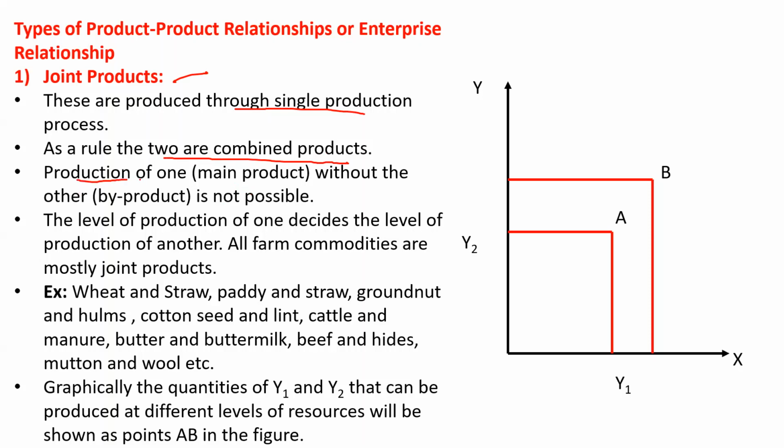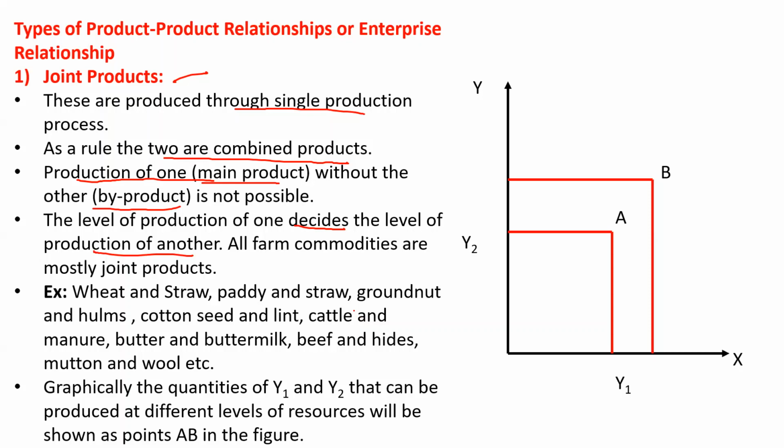So production of one product, that is जो main product है, without the other, उसका byproduct के बिना possible नहीं है. So main product produce कर रहे हैं तो साथ साथ byproduct भी produce होता ही है. Without byproduct it is impossible. So level of production of one decides the level of production of other. जितना हम main product का कितना production होता है उसके आधार पे byproduct कितना produce होगा वो depend होता है.